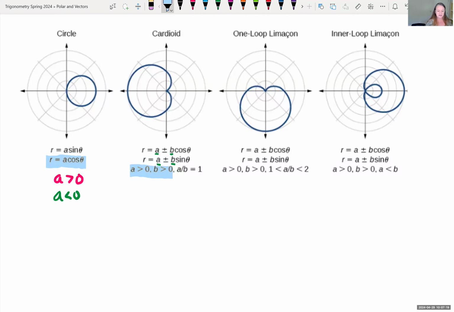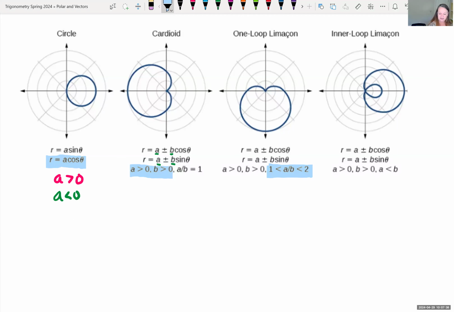Okay, so continuing on, if you divide those two together and your value is between 1 and 2, it's going to be a limaçon that does not have an inner loop.